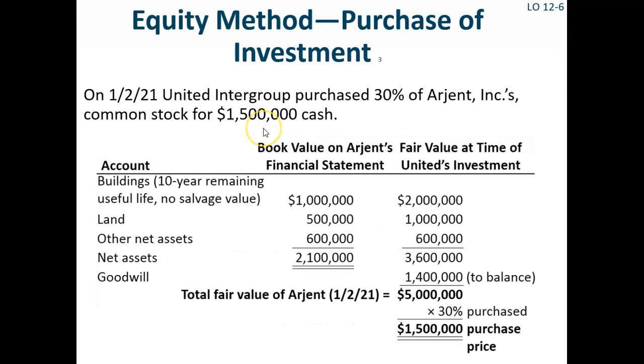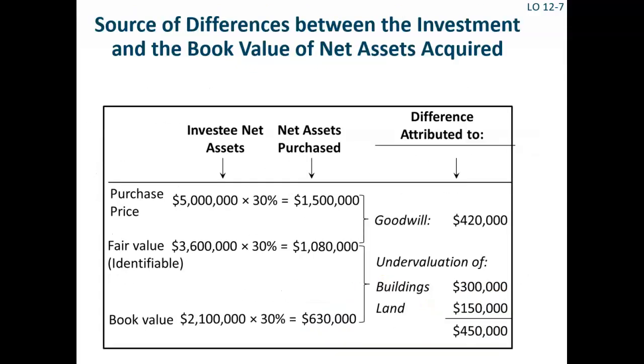In illustration 12:14, United paid $1,500,000 for 30% of the fair value of Argent. That implies a 100% fair value of Argent is $5 million. And that's where the numbers on this slide here come from.